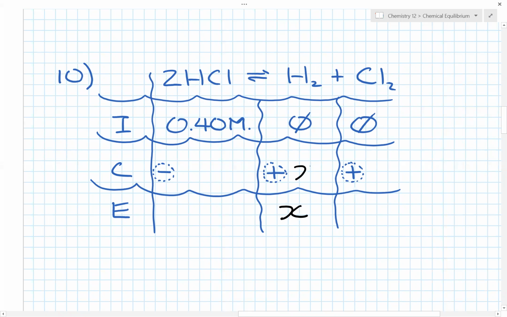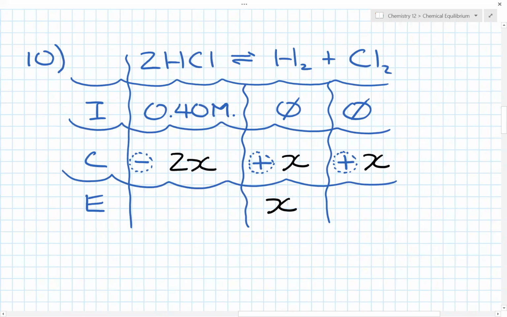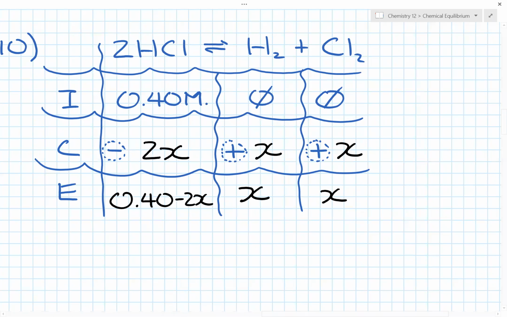So this would be plus x. This would be plus x. This would be minus 2x, again because of mole ratio. So this would be 0.40 minus 2x. Here would be x. So again, you have your equilibrium concentrations.